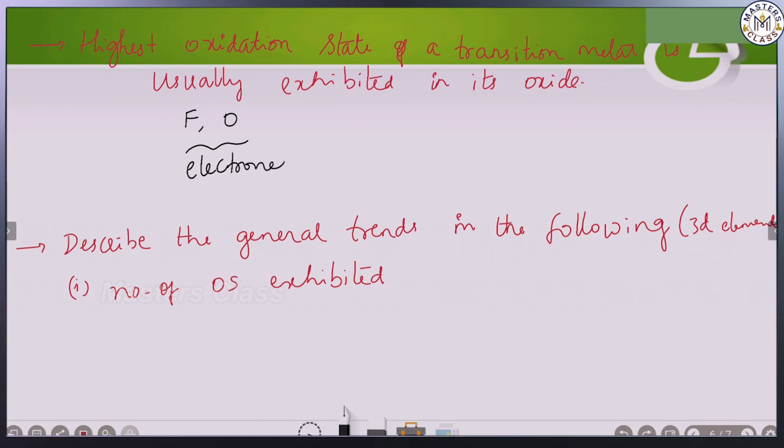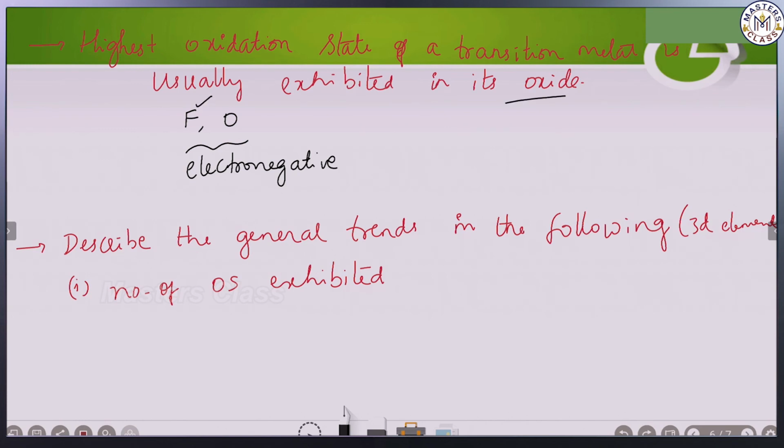electronegative atoms. Because of their strong electronegative nature, the cationic nature exhibited by the metal is easily compensated. So the highest oxidation state of the transition metal is always exhibited in oxide or even sometimes fluoride.